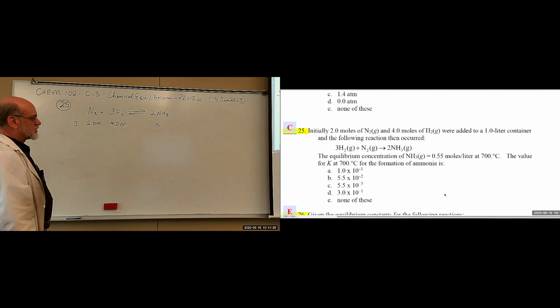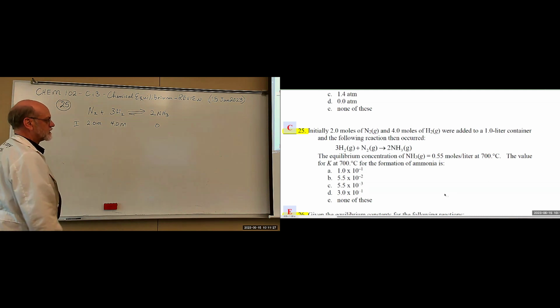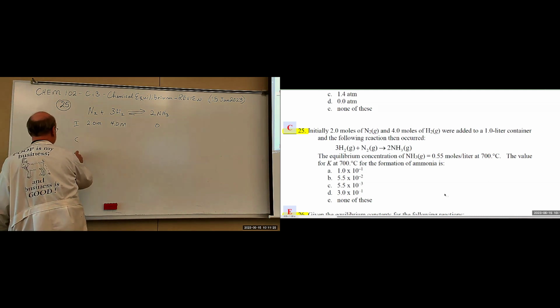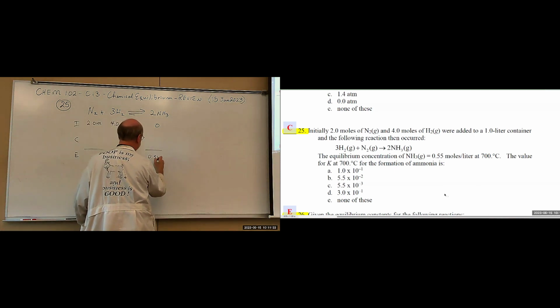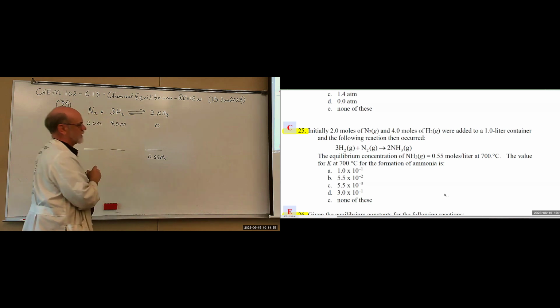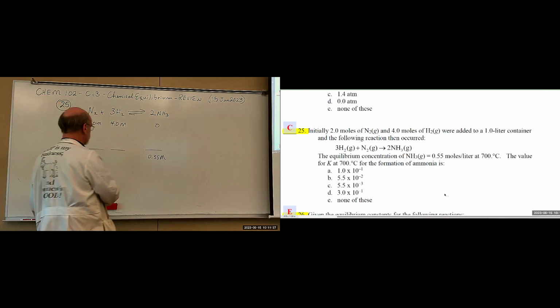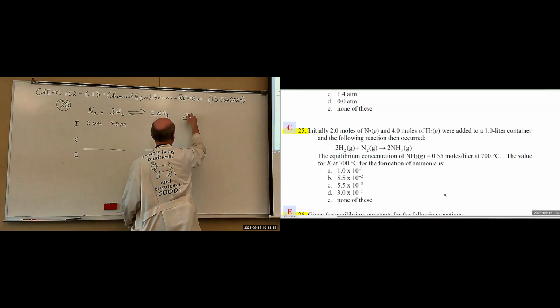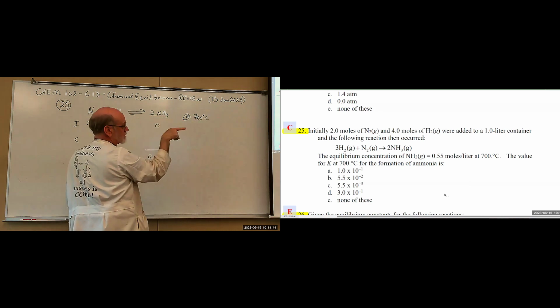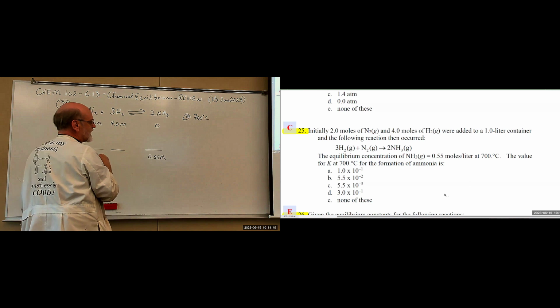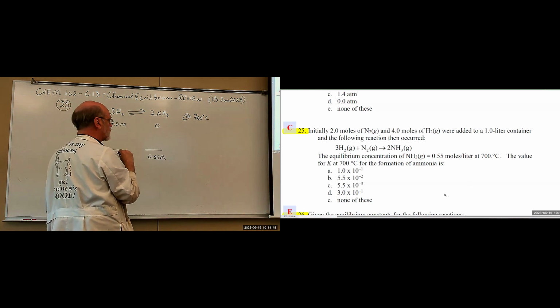The equilibrium concentration of ammonia equals 0.55. We've got a change, we've got an equilibrium. 0.55 molar is there at 700 degrees. The value of K at 700 for the formation of ammonia is what?